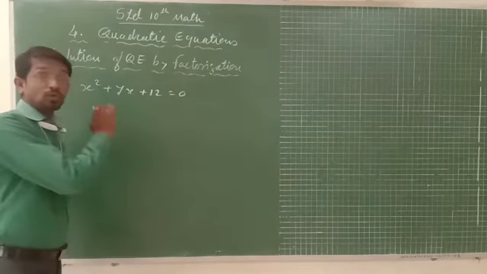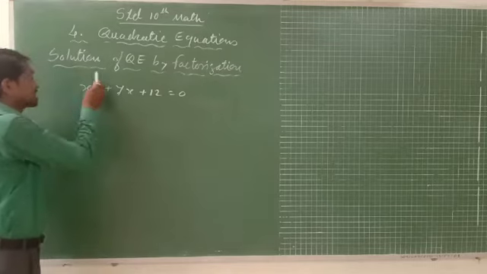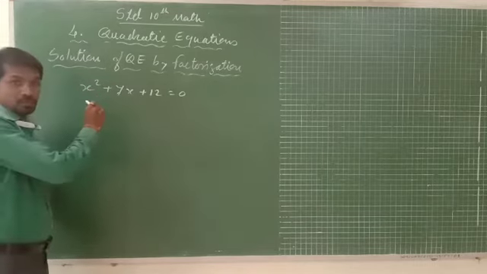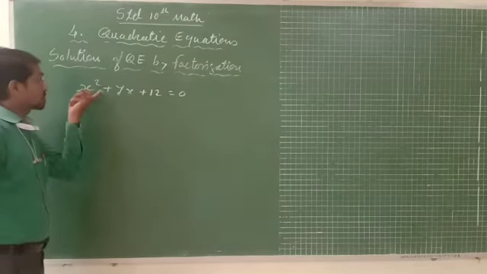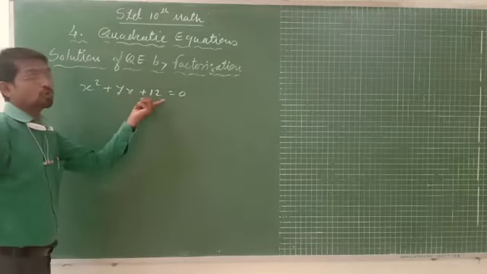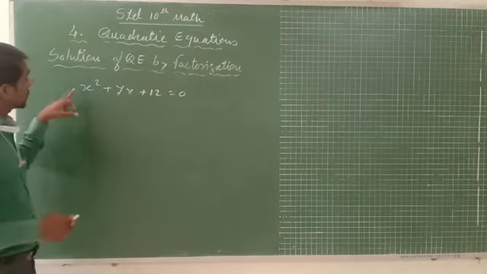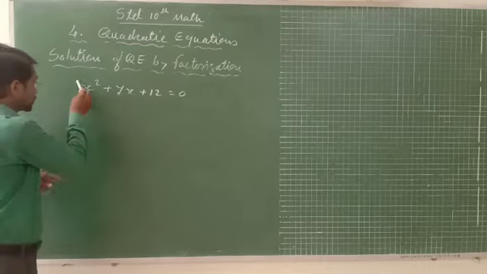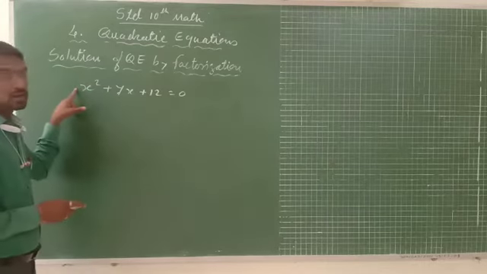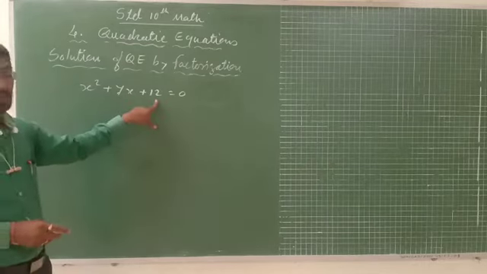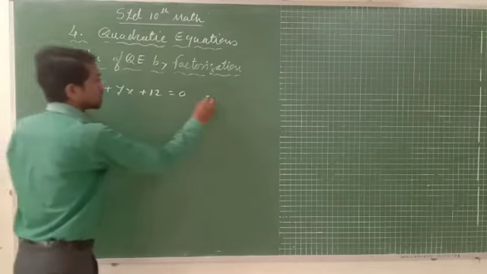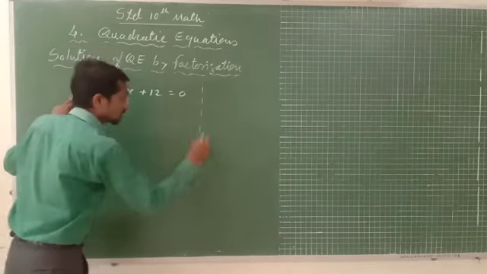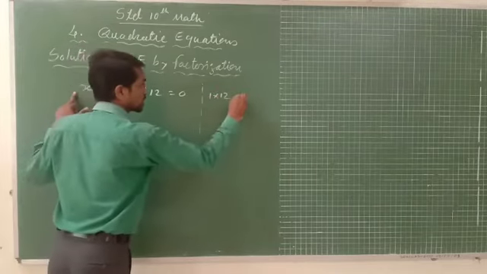What is the method? This is the square term, the quadratic term, where the power is 2. This is the x term, and this is the constant. The coefficient of x square is 1, and the constant is 12. 1 into 12 is equal to 12.